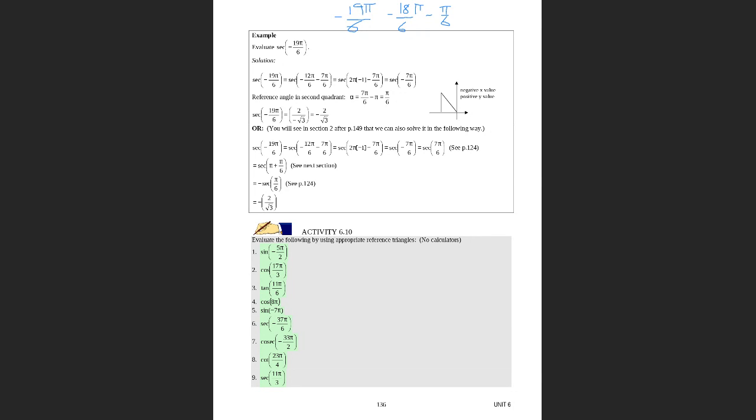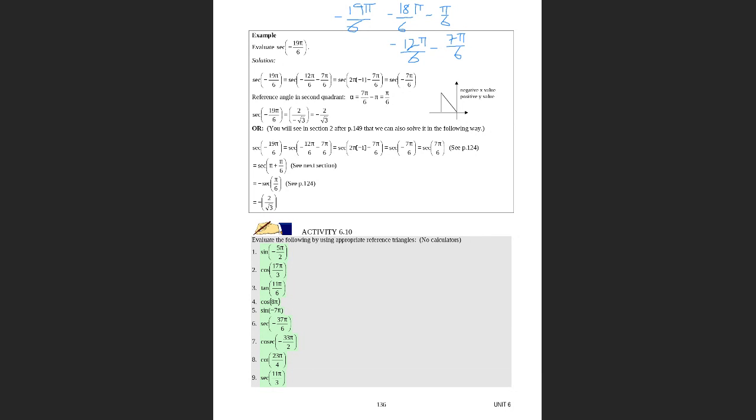So that means that I must look for something else. If I do it this way, 18 divided by 6 is 3 pi, but I'm looking for 2 pi. So now what can I do here? I can write it this way: minus 12 pi over 6 minus 7 pi over 6.